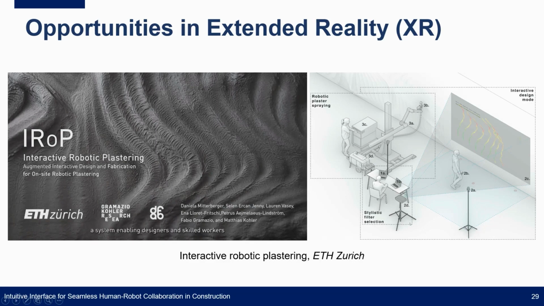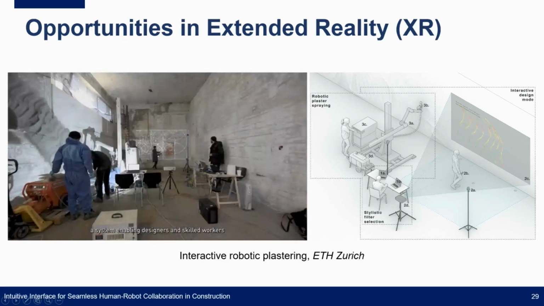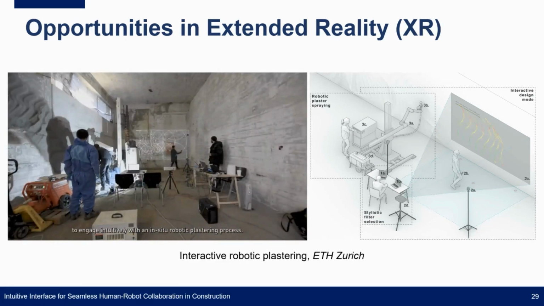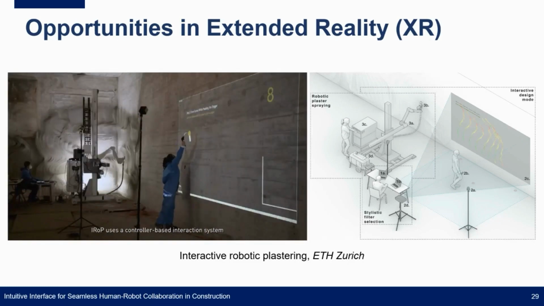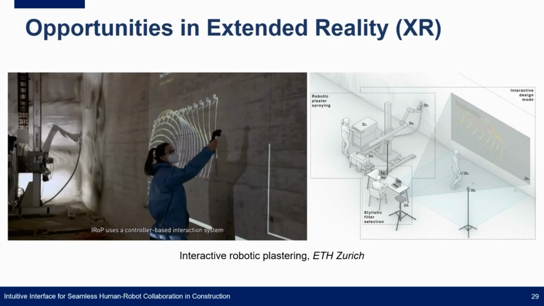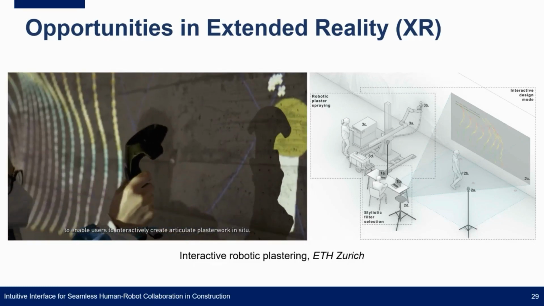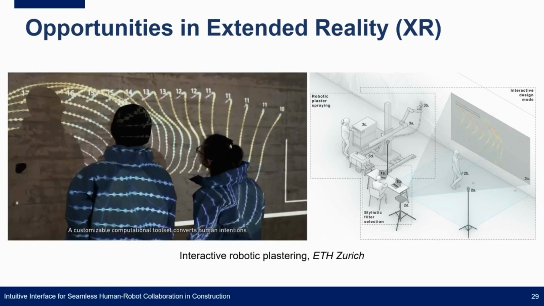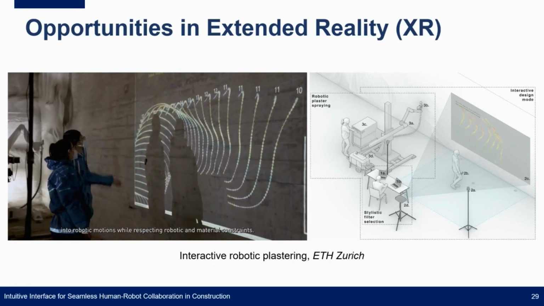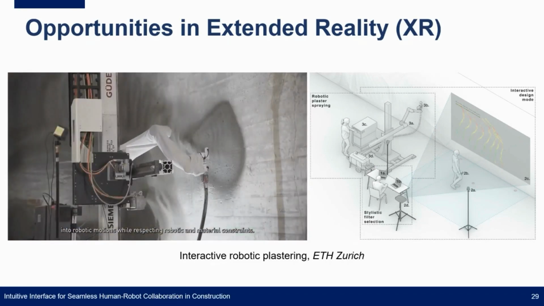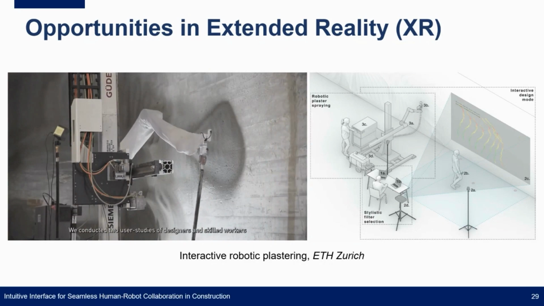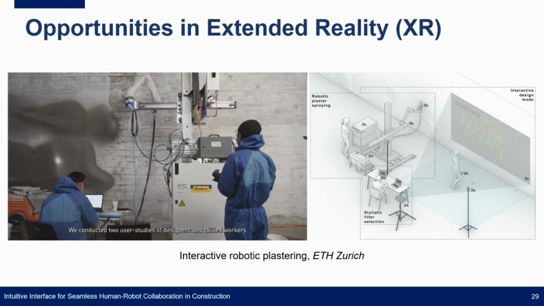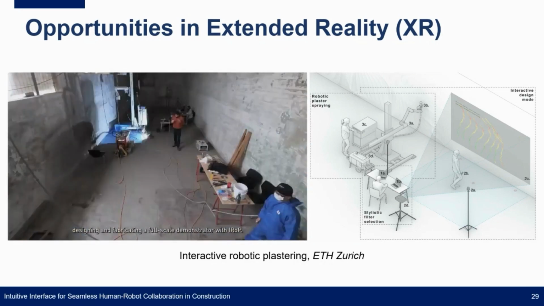When it comes to the construction domain, XR has been successful as an interface for skilled workers to utilize robots for technical craft skills such as plastering, carpentry, and so on. The left video shows the AR-based interface developed by a research team at ETH Swiss, called Interactive Robotic Plastering.